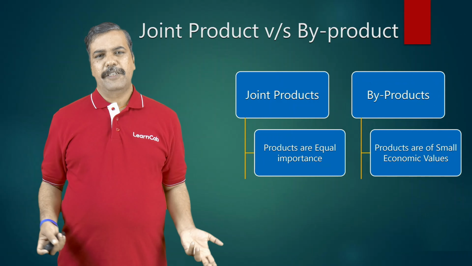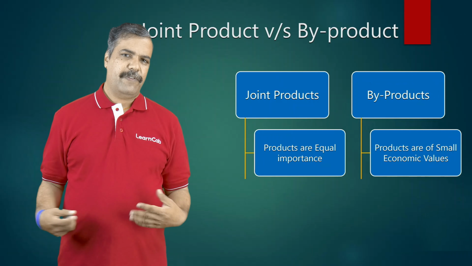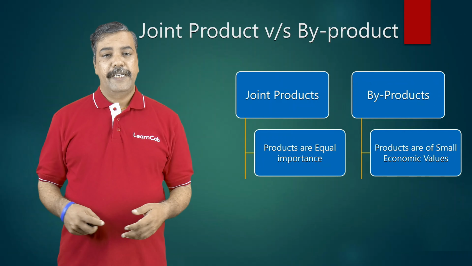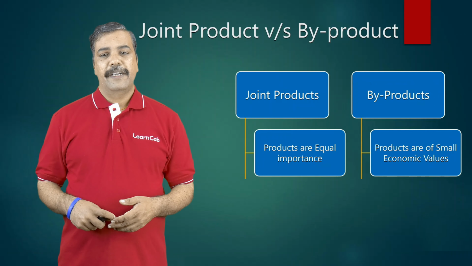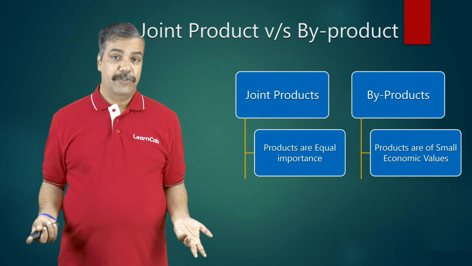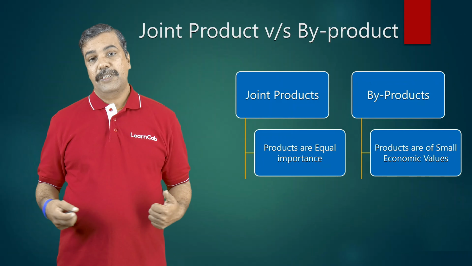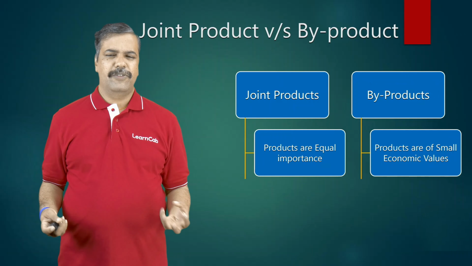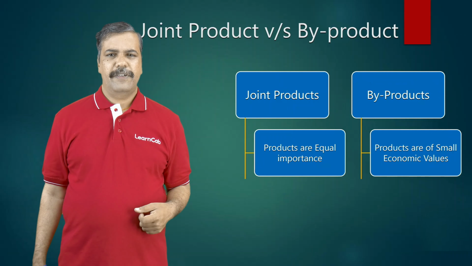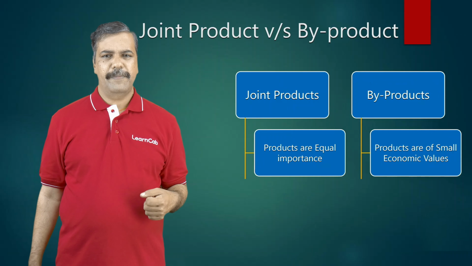Or if there is no sales value, I'll just dump it as scrap or waste, which doesn't command any price for me. So in simple terms, it has very small or no economic value. That is the first difference between a joint product and a byproduct.